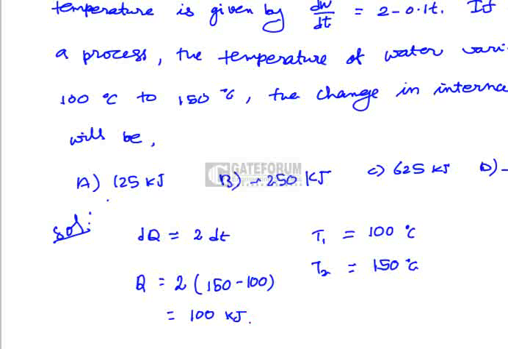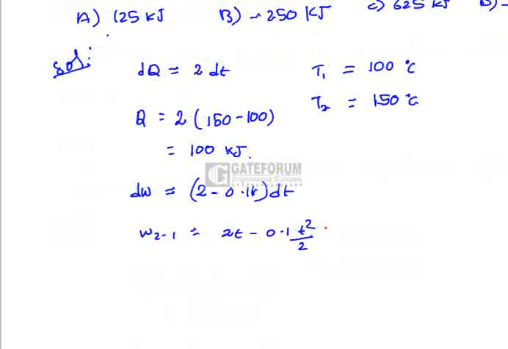Now consider work transfer, that is given by 2 minus 0.1 T into dt. Now consider the work done during a process when temperature changes from 100 degrees centigrade to 150 degrees centigrade, which is given by W is equal to 2T minus 0.1 T square by 2 from 100 to 150.